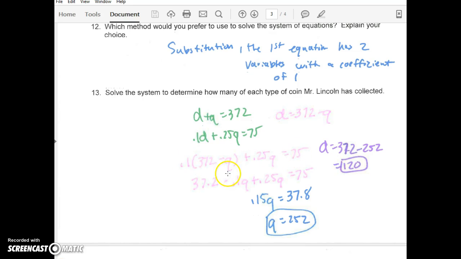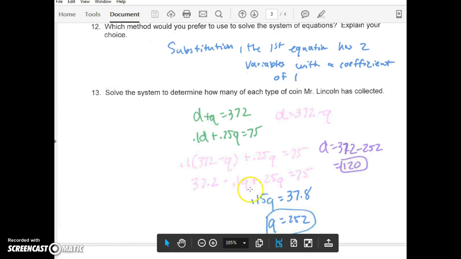Distribute the 0.1, so that's what I get here. Add my like terms, that's this step, and bring this 37.2 over to get 37.8. When I divide by 0.15, I get Q is 252, and I can use that to find out the number of dimes. 372 minus 252 would give me 120 dimes.